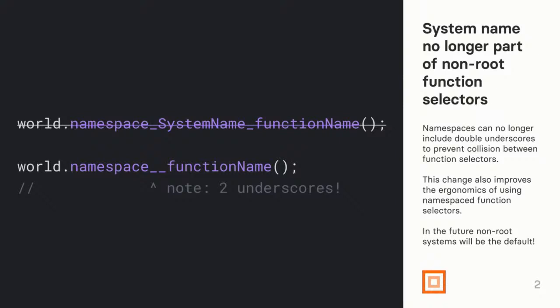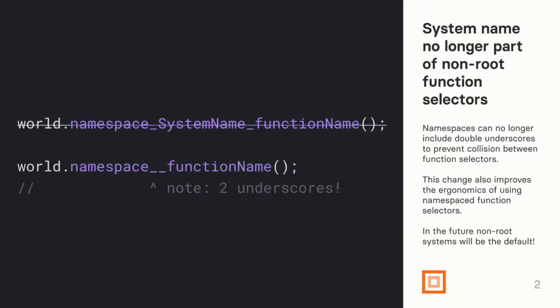The first one is system names are no longer part of non-root function selectors. But let me break that down. In a MUD world, anyone can register a new system and new function selector. And by anyone, we mean it can be different parties who register systems in the same world.